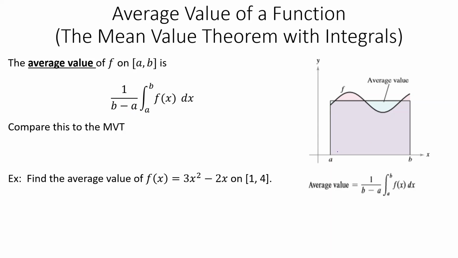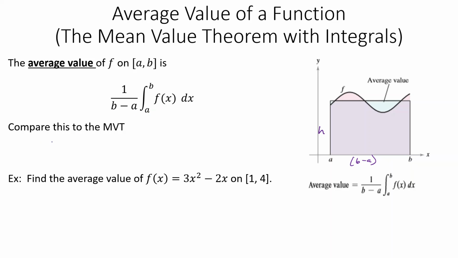And then we're saying, okay, what's the average height? What rectangle, with height h, multiplied by this length, b minus a, would give us the same area? That happens to be the average height of this function f. So if we ever want to know the average value of a function, we're integrating from a to b and dividing by b minus a.